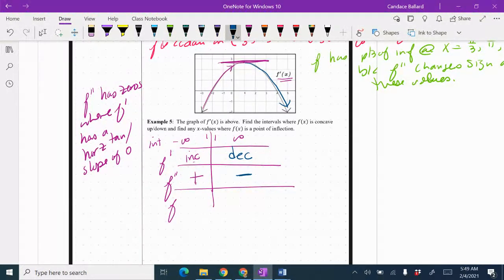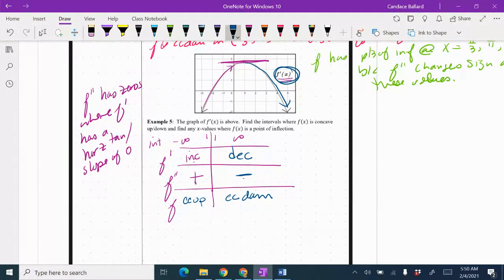We know that when the second derivative is positive, the original function is concave up. When the second derivative is negative, the original is concave down. So we are going to write this down. The reasons are just a little bit different, because we're basing them on the information we have, which is the first derivative.